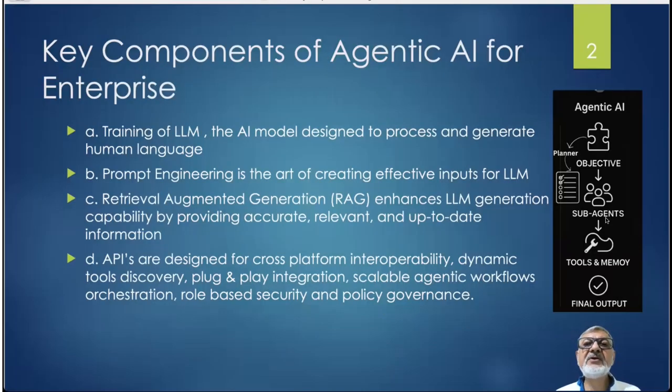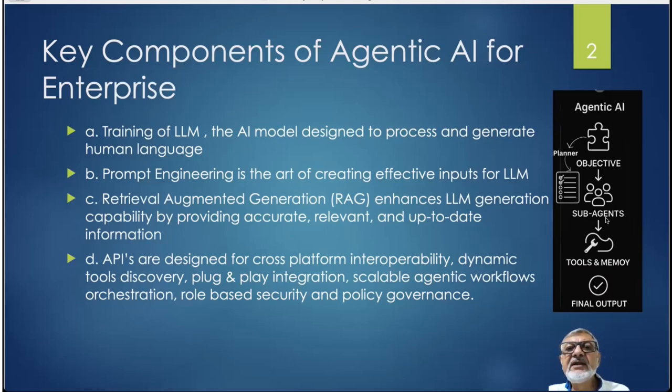The key components of Agentic AI for Enterprise are training of the LLMs. The AI model is designed to process and generate human understandable language. So LLM, as you know, is a large language model designed to process and generate human understandable language.